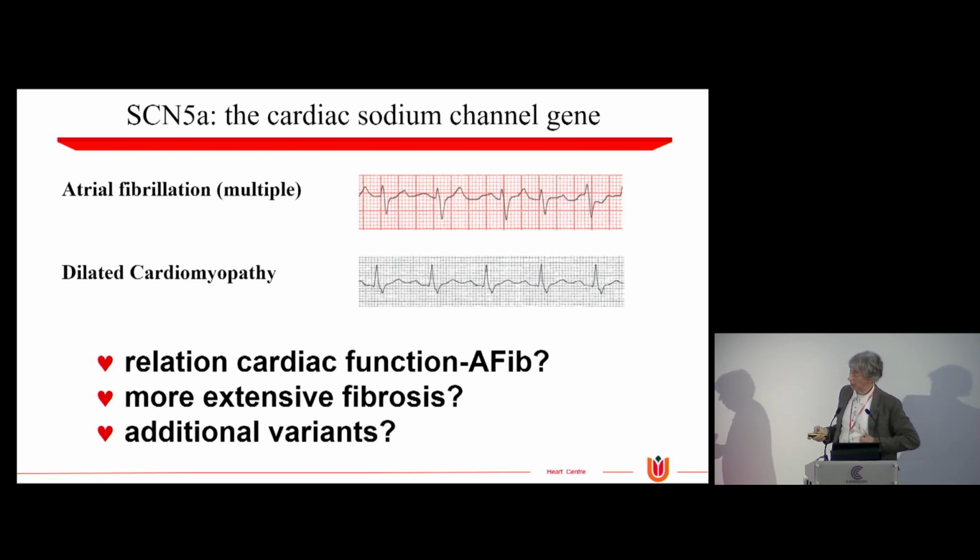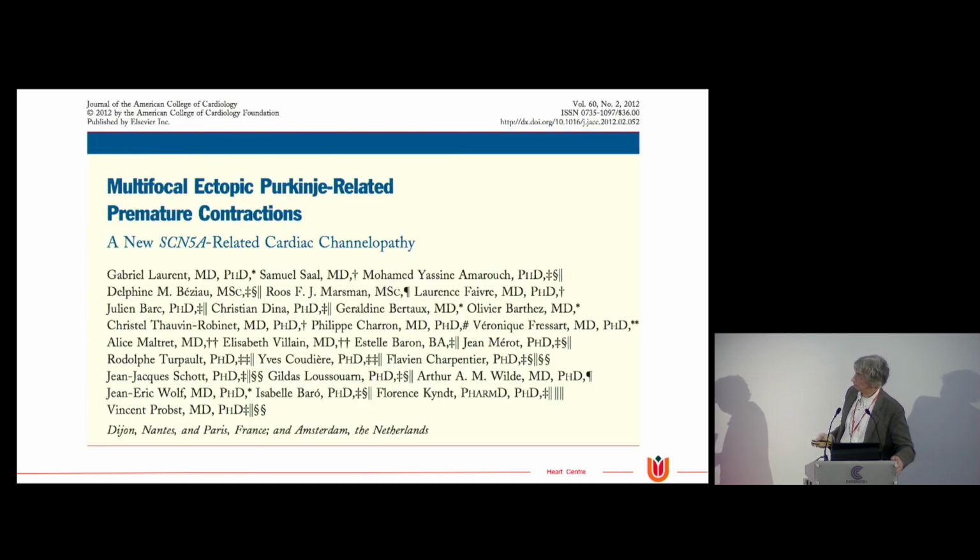I think it is mainly related to fibrosis, but I have no proof for that, but it could be a reason why you have both atrial fibrillation and dilated cardiomyopathy, and they often go together. So patients with dilated cardiomyopathy often have atrial fibrillation. Or it are additional variants, but I have no data to show that.